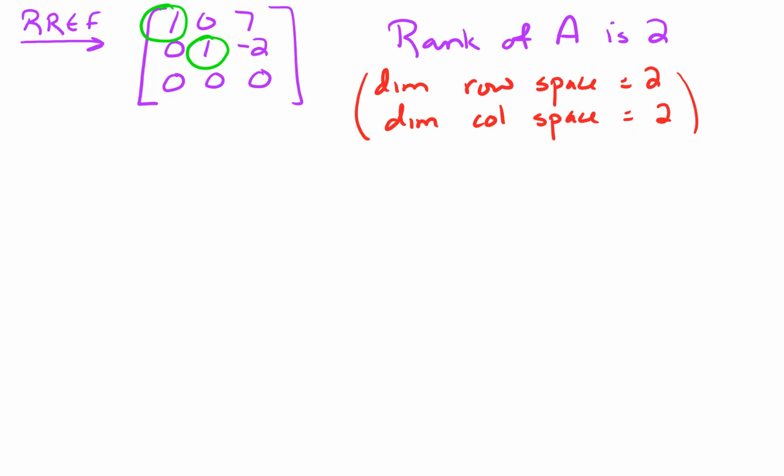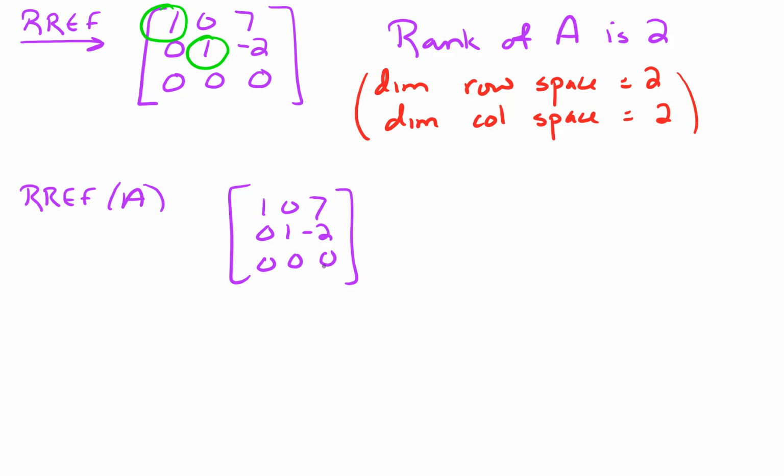So once we have A in reduced row echelon form, let me rewrite our reduced row echelon form of A. It looks like 1, 0, 7, and a 0, 1, negative 2, and so forth.